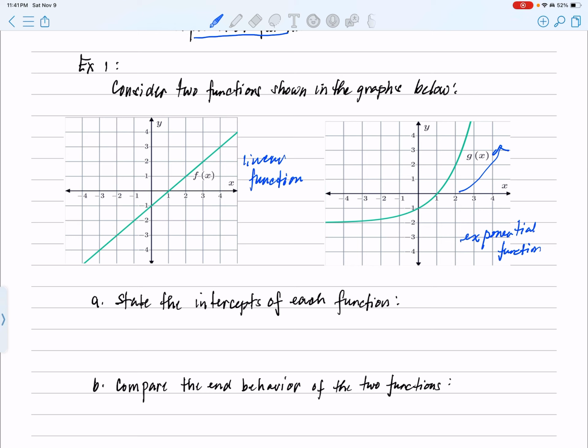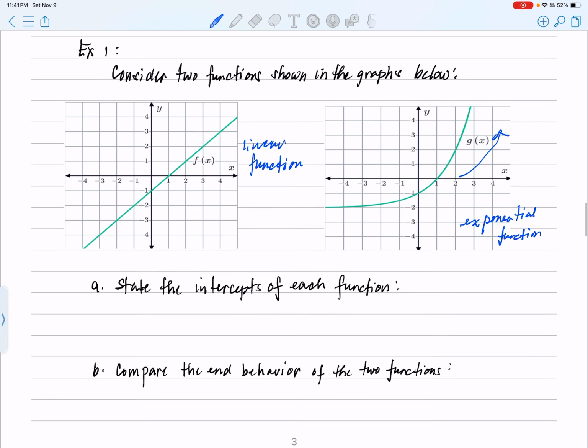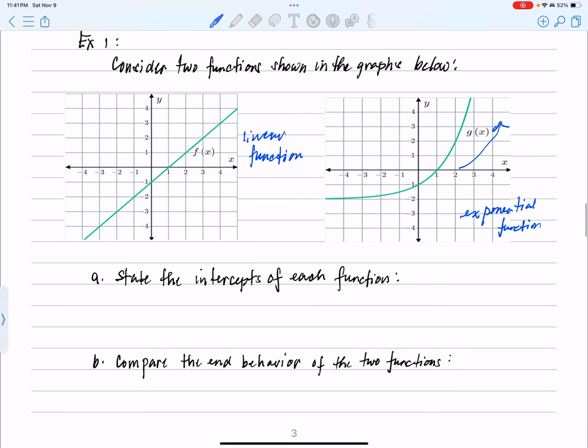State the x-intercept of each function. We need to look at both graphs of the functions. I'll start with the linear function. State the intercepts: the x-intercept and the y-intercept.